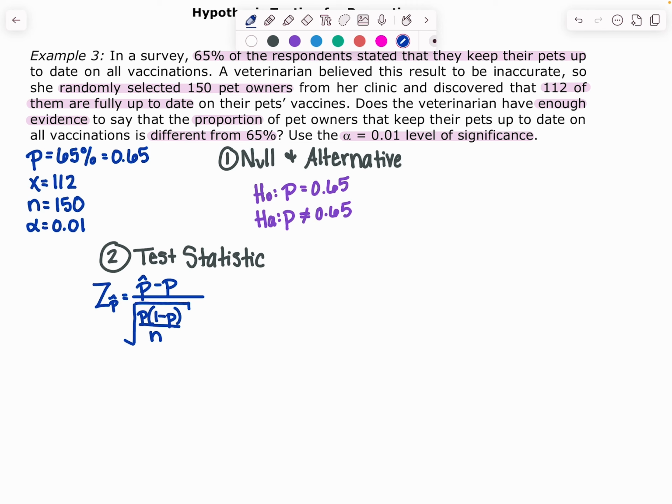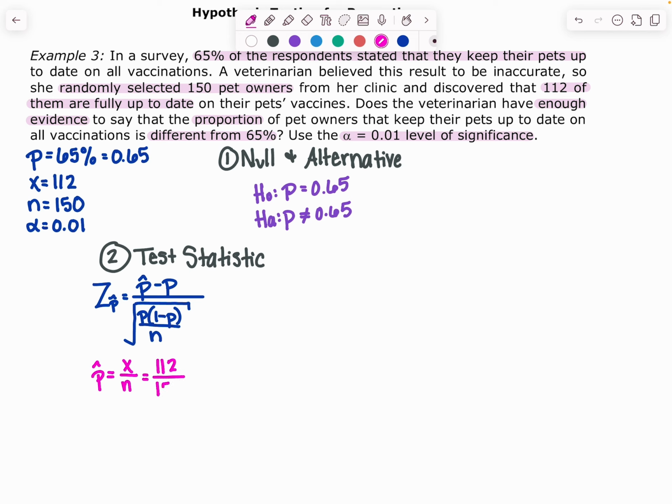I have P, I have N, I don't have P hat, but I have what I need to find P hat. So P hat is X over N. My X is 112.